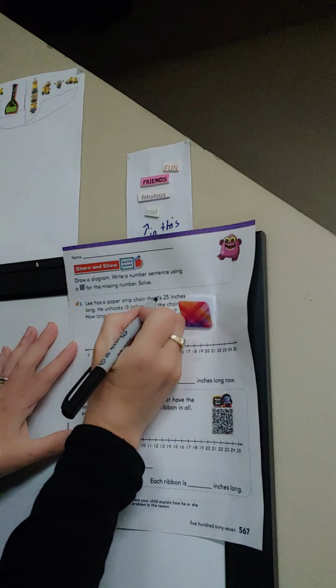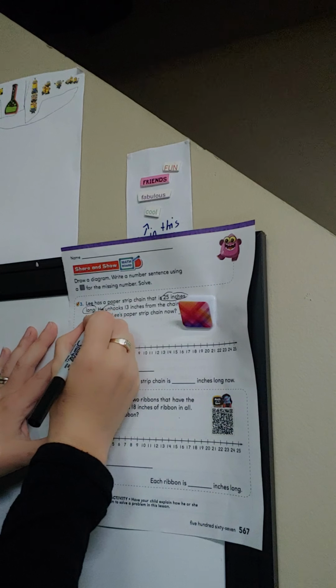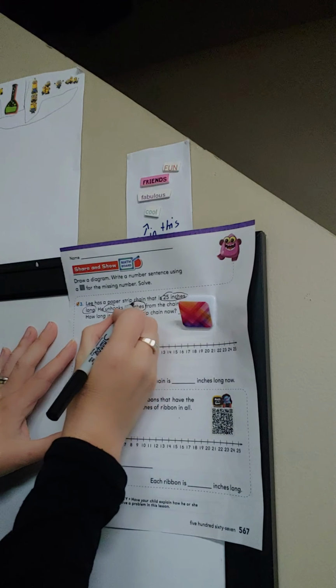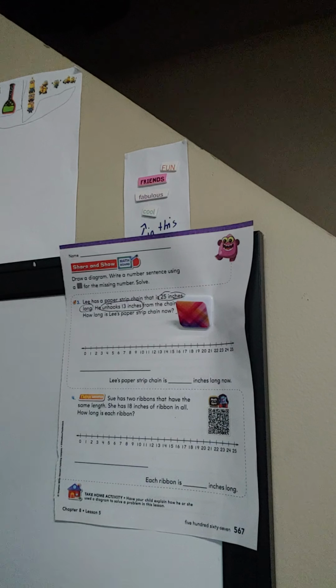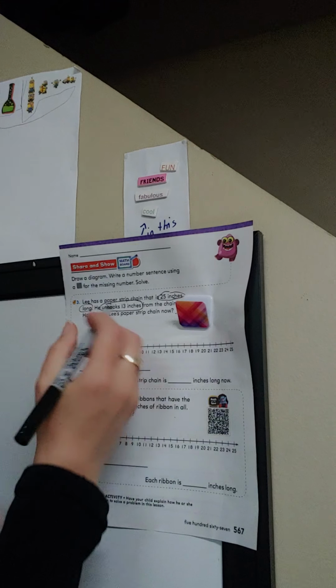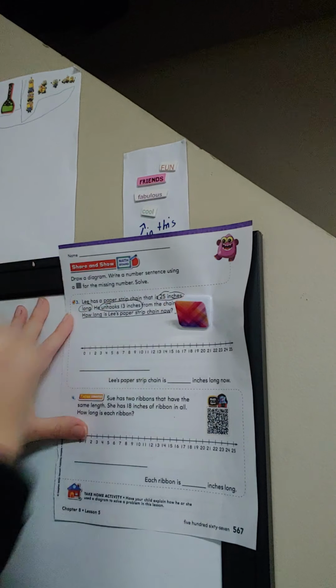So he has a paper strip chain that is 25 inches long. He unhooks 13 inches. Unhook. So if he's unhooking it, what do you think he's doing? Yeah, he's taking them away. He's removing them. So what are we going to have to do? Subtract. Good. So then what we need to find out is how long is his paper strip chain now? We know that it's 25 inches long.